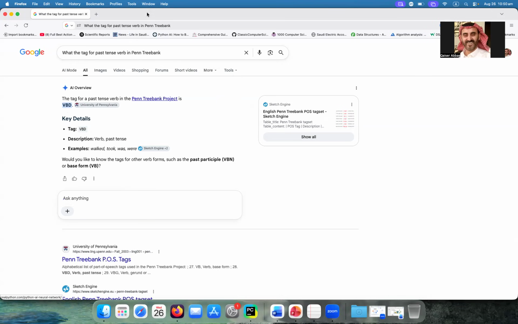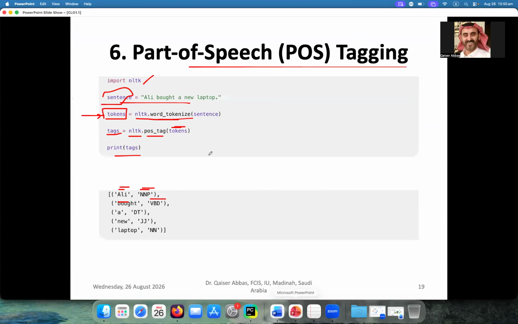So now it is confirmed. Then A is the determiner, DT for determiner. New, JJ means adjective. And laptop is a noun, NN. So these are the part of speech tags.